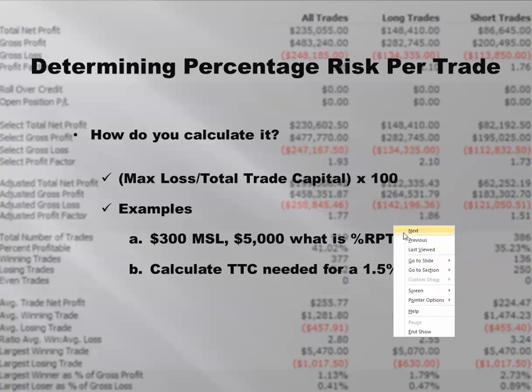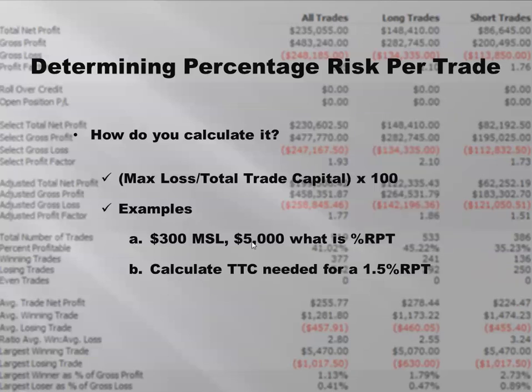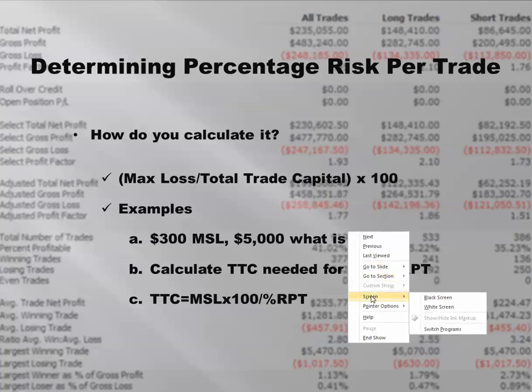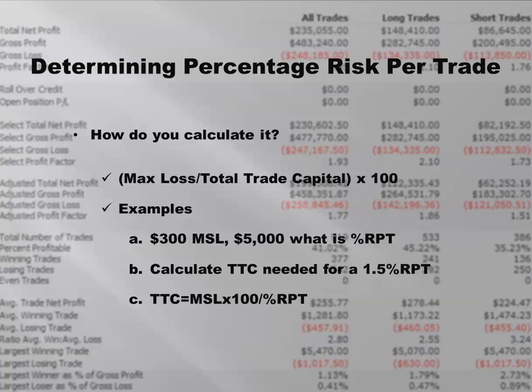All right, so let me bring up the calculator again and let's make this calculation. Actually, we should probably look at the new formula, and we're just manipulating this data here to get total trade capital to equal the maximum stop loss, which we know, times 100 divided by your desired percentage risk per trade, which we also know. So let's go ahead and calculate that now.